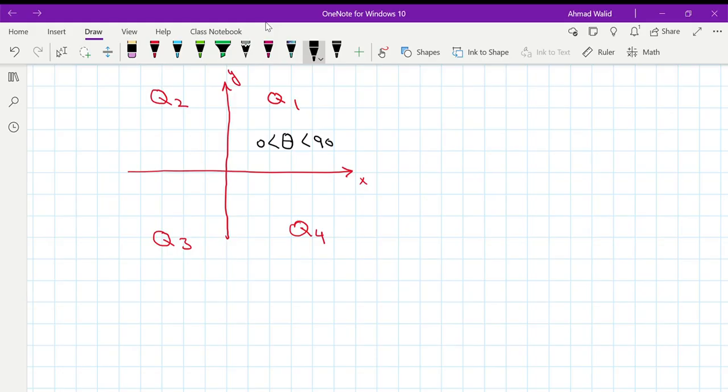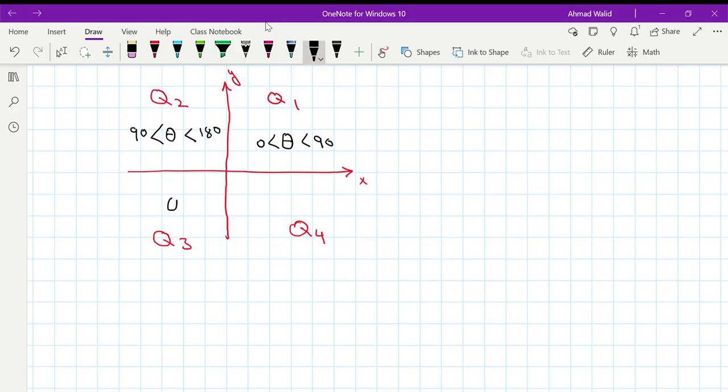We already know the definition. This is quadrant 1, correct? In quadrant 2, your angle will definitely be greater than 90, but less than what? Less than 180.